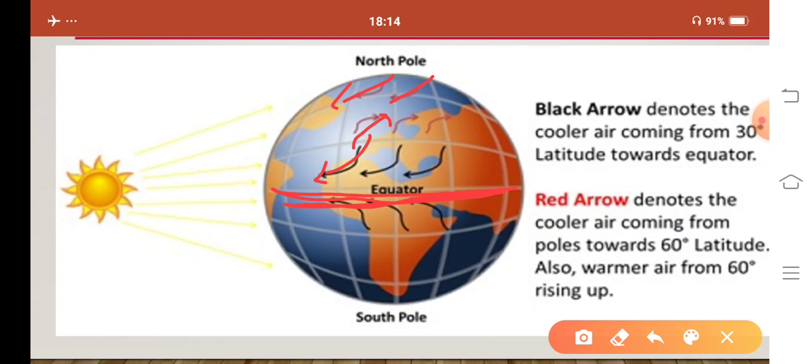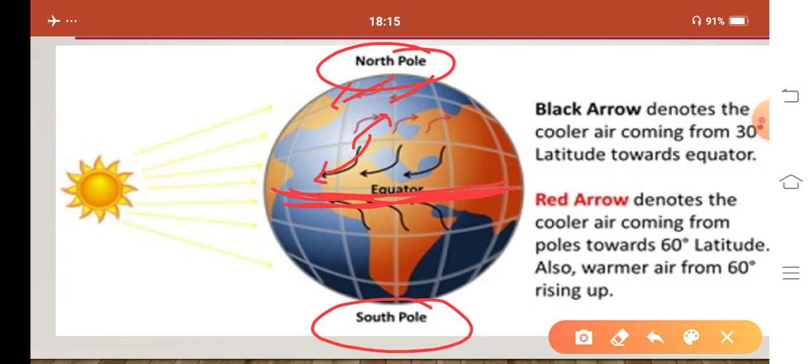Students, consider the winds produced by the uneven heating of the earth between the equator and the poles. We have two poles, the North Pole and the South Pole. These winds do not blow in a straight north-south direction.